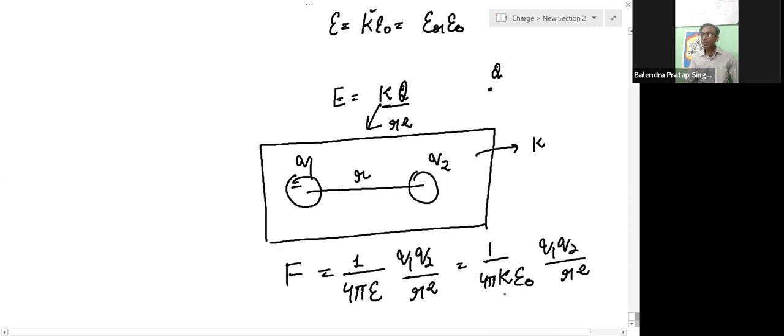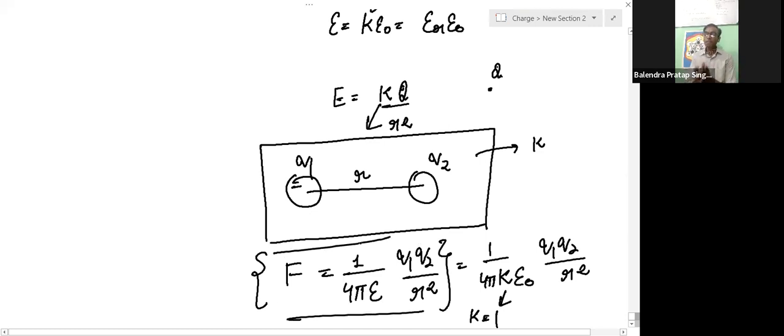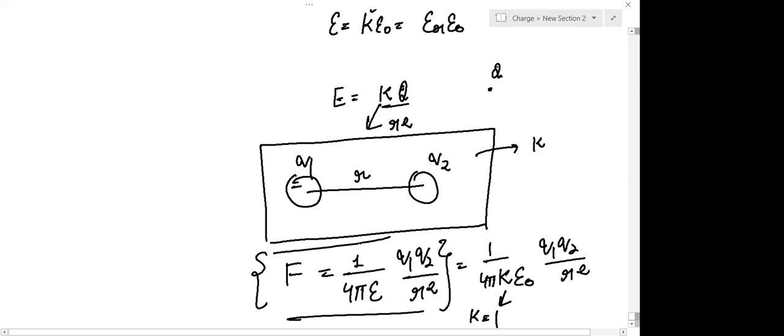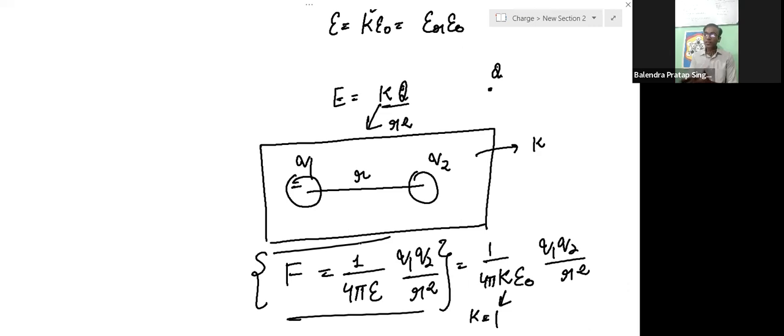And in vacuum or free space or air, k is equal to 1. That's why we consider F equals 1/4 pi epsilon naught q1 q2 by r square. But the general form is, for any medium, Coulomb's law can be represented in this form. Okay, is it clear? Yes sir. Okay, it's enough for Viva.